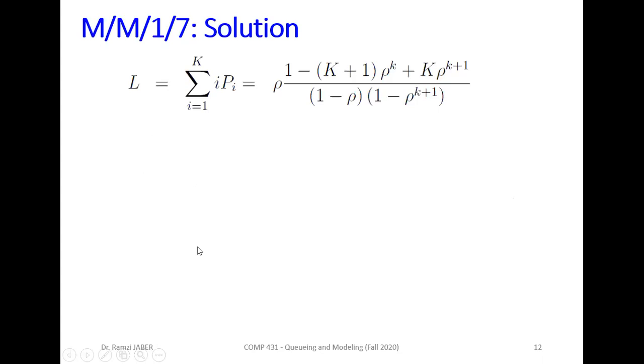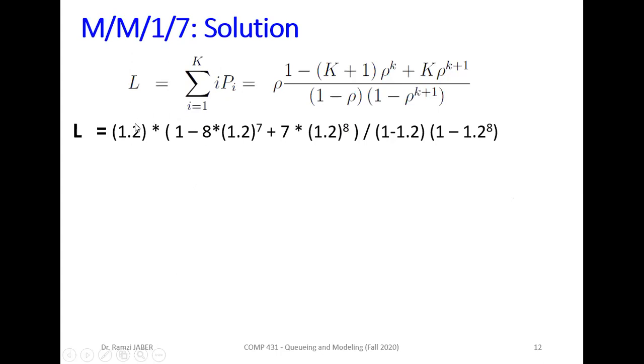Now, we can calculate L. In the big equation here, given rho equals 1.2, K equals 7, K plus 1 equals 8: rho to the power 7 plus 7 rho to the power 8 over 1 minus rho to the power K plus 1.